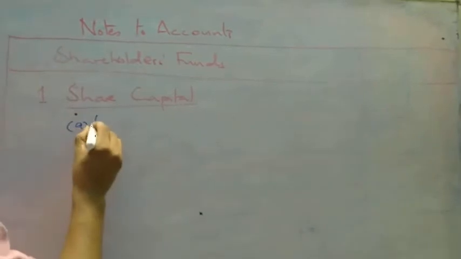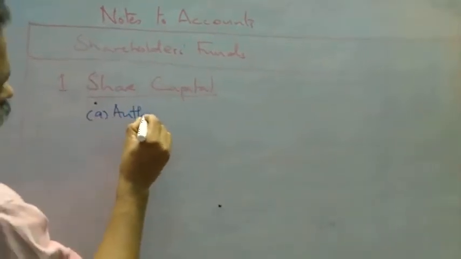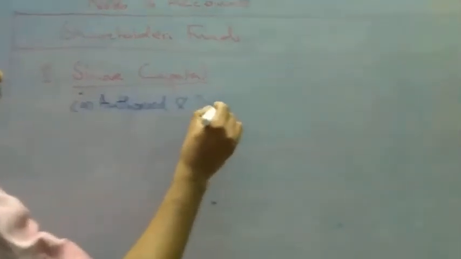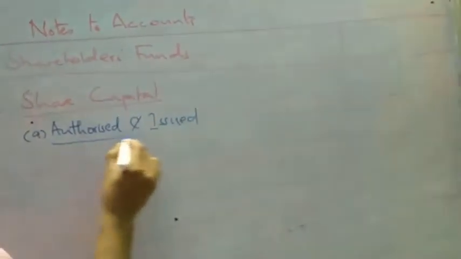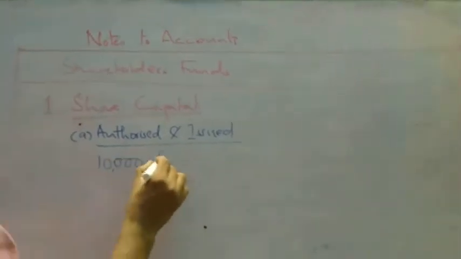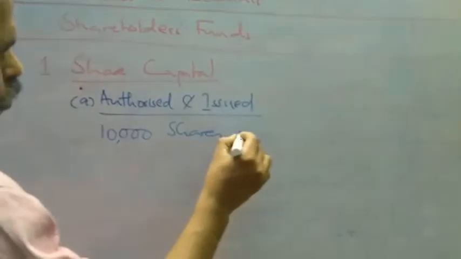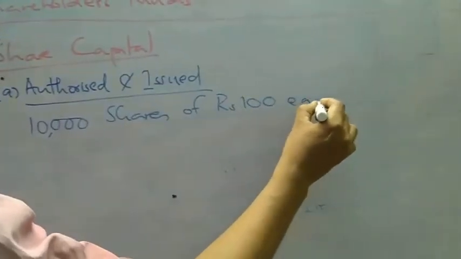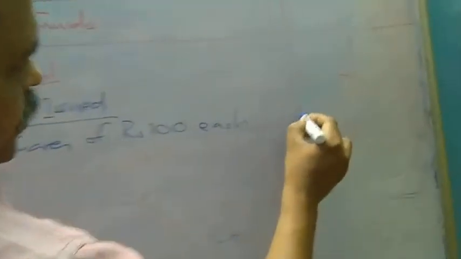Under that, subheading number 1, authorized and issued. It is not given separately, so we will take it. Authorized and issued, we will write 10,000 shares of rupees 100 each. It is 10 lakhs.